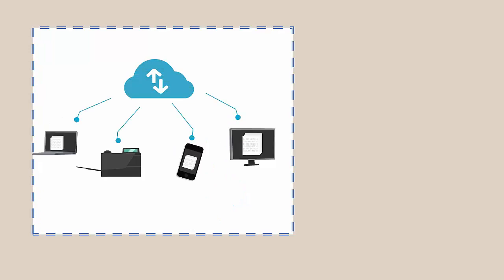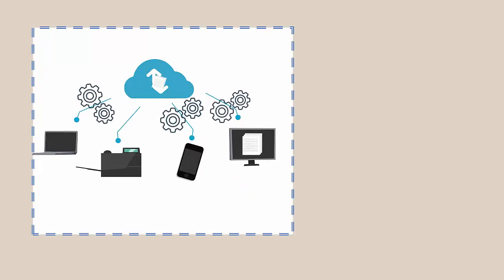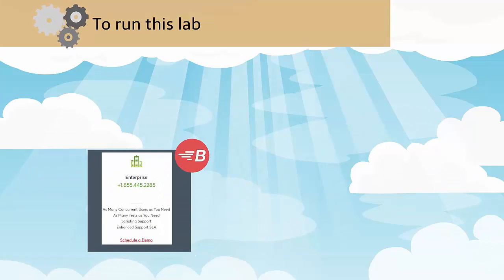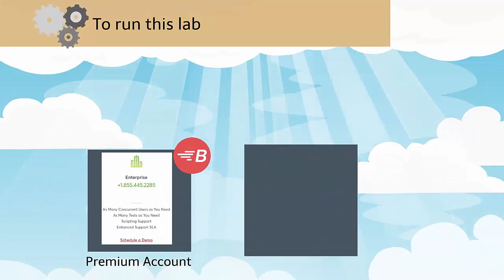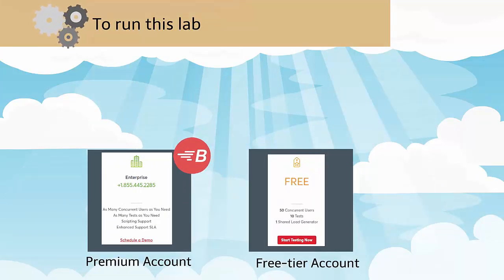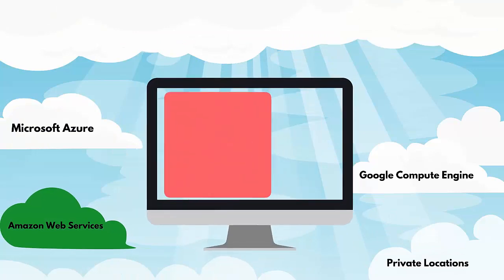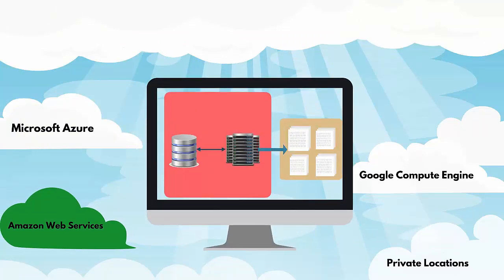You can use cloud provisioning to execute your JMX scripts on the cloud by accessing your BlazeMeter account. To do this, you don't need to be a premium customer of BlazeMeter since a free tier account allows you to execute cloud tests. You can choose one of the various cloud locations provided by BlazeMeter to generate the load.